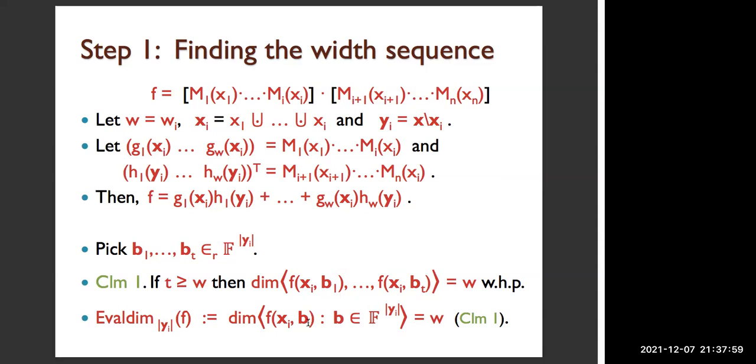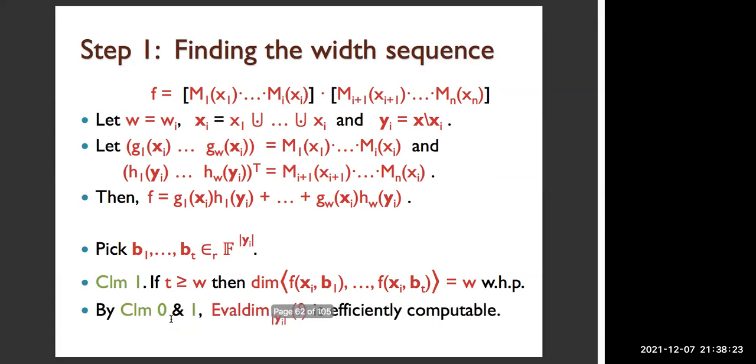You are evaluating the y variables at all possible points and taking the span, and that is your evaluation dimension of f with respect to the y variables. Now, what claim 1 basically says, stated differently, is that the evaluation dimension of f with respect to y is exactly w, and that it can be computed. So it also says, if you include claim 0 along with claim 1, the evaluation dimension of f can be computed efficiently.